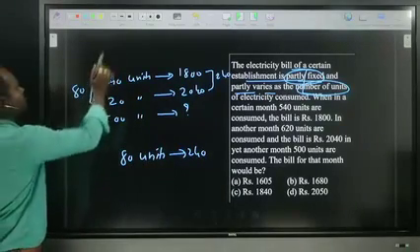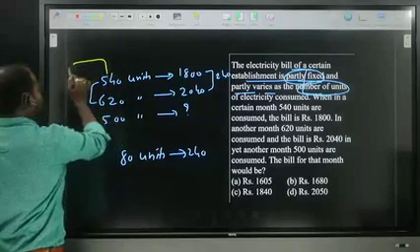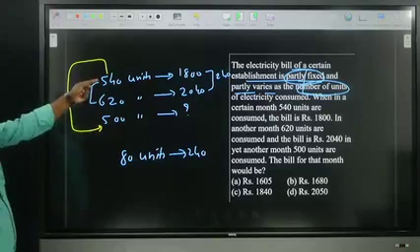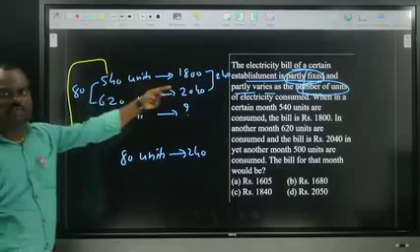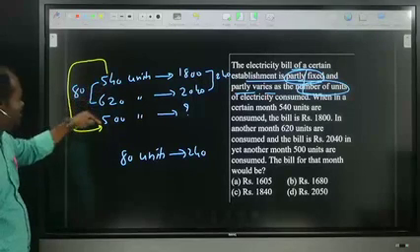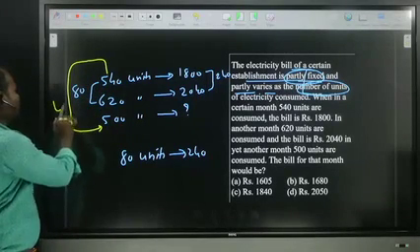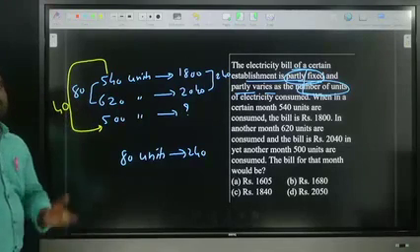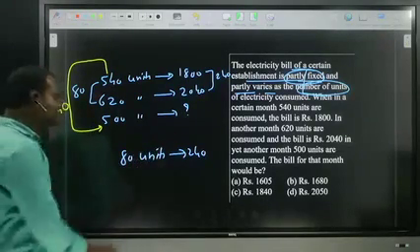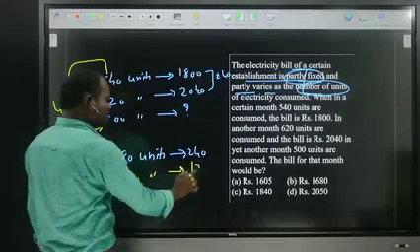Take these two. 540 units, 1800 bill. Now 500 units, what is the bill? How many units are reduced? 40 units are reduced. That means 40 units' worth of bill decreases. For 80 units it is 240, so for 40 units how much? 120.